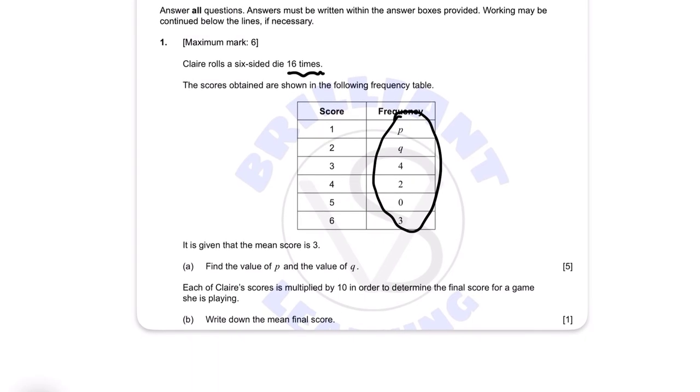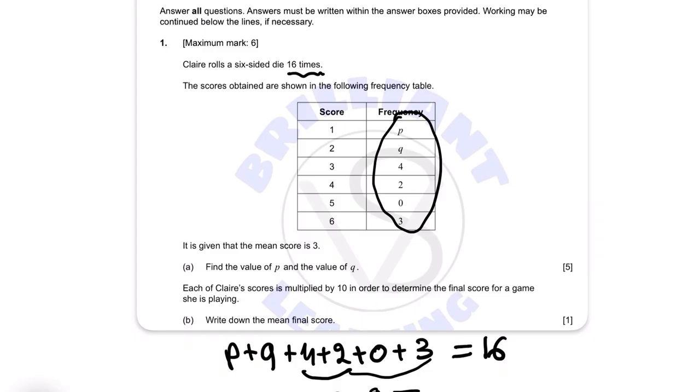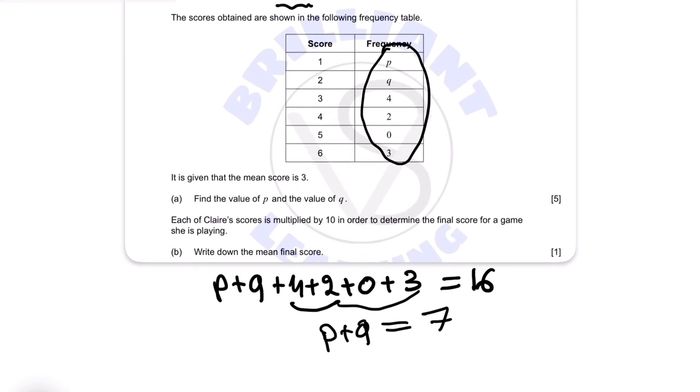So P plus Q plus 4 plus 2 plus 0 plus 3 is equal to 16. If I simplify this, 4 plus 2 is 6, plus 3 is 9. So P plus Q plus 9 equals 16, and simplifying further, P plus Q is equal to 7. That will be our first equation.